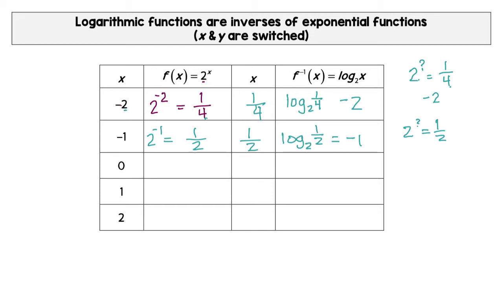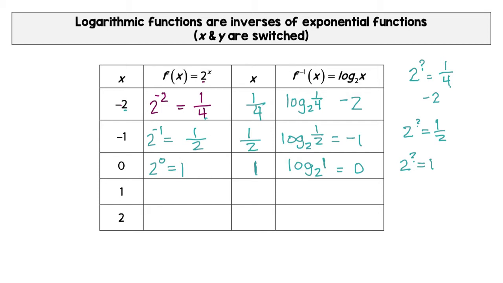Okay, same thing over here, 2 to the 0 power. That's going to give me 1. And so what if I plugged in 1 here? That's going to be log base 2 of 1. So again, this is saying 2 to what power gives me 1? Well, 2 to the 0 power gives you 1.